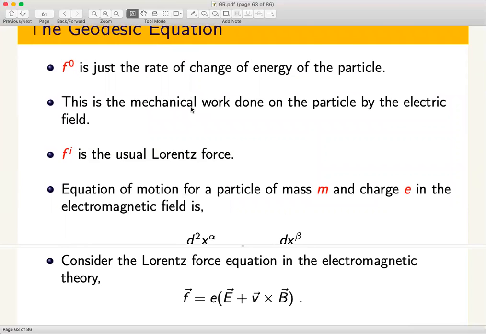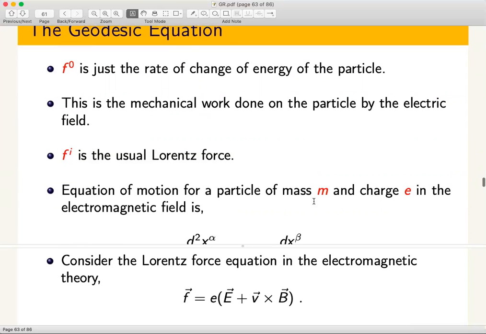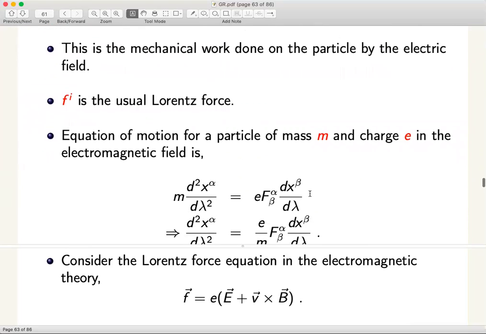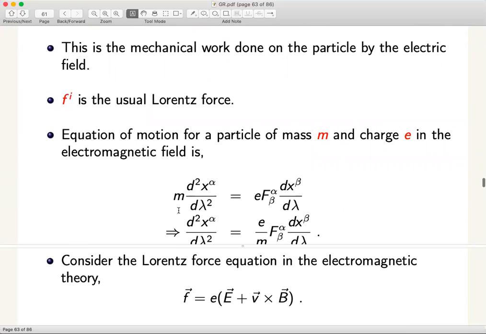Fine. So the equation of motion of a particle of mass m and charge e in the electromagnetic field would be written like this. The force, which is m times the acceleration, is written in terms of some parametric form instead of d2x by dt squared. But nevertheless, you can always convert that by trading lambda for time.